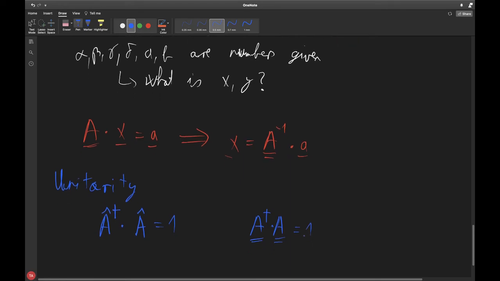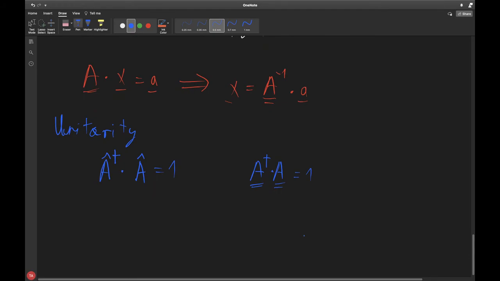So what does the adjoint mean? Adjoint means that you take the conjugate transpose of your matrix. So we take the transpose of it and we conjugate it.